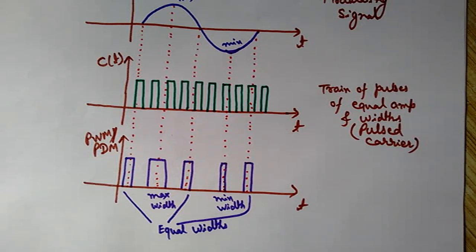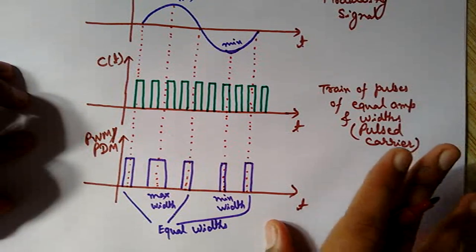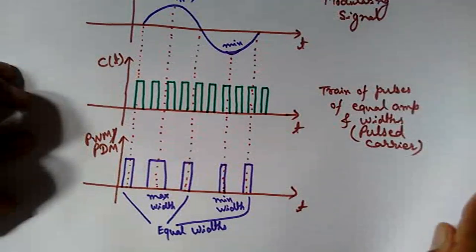Because of this, not only it is less affected by noise, but also the separation of the noise is easier as compared to the pulse amplitude modulation, because in pulse amplitude modulation the amplitude varies. So one very good thing about PWM is that because of its constant amplitude, it is less affected by noise.